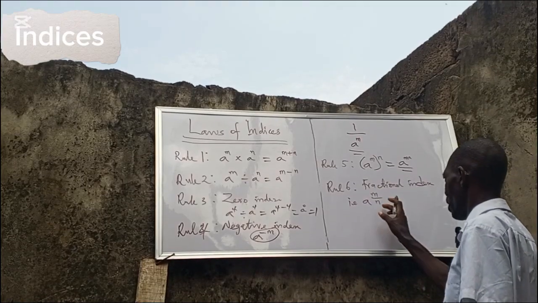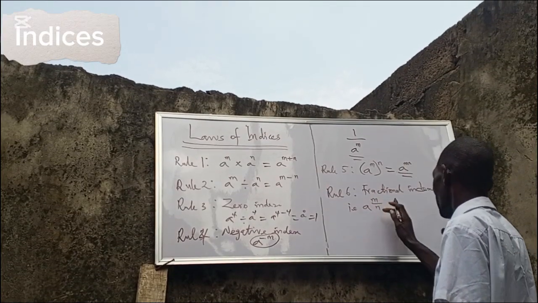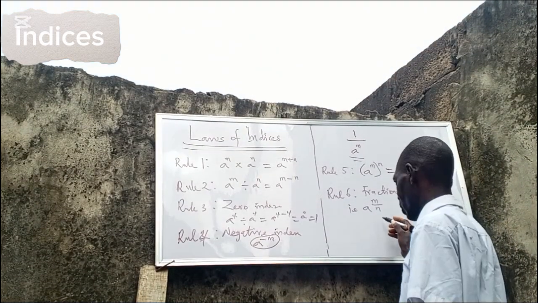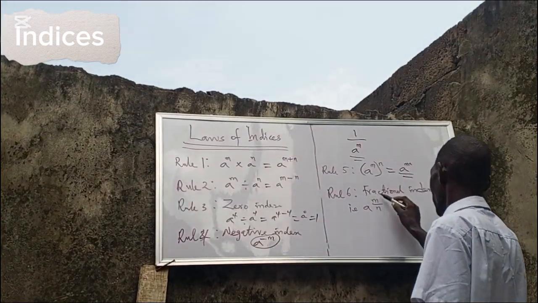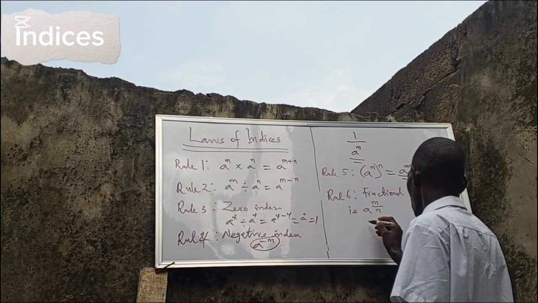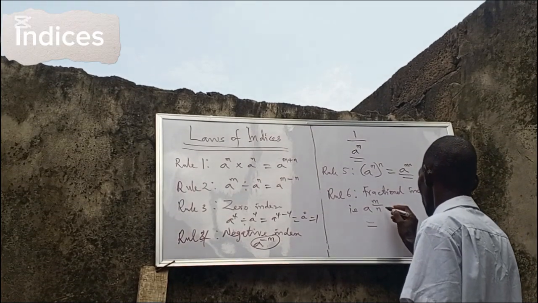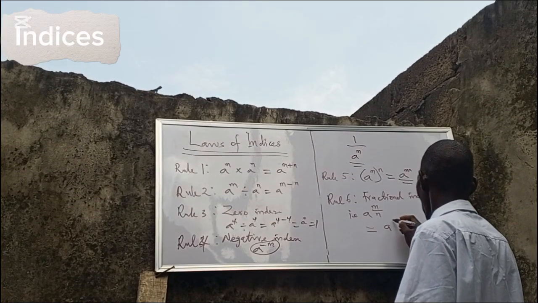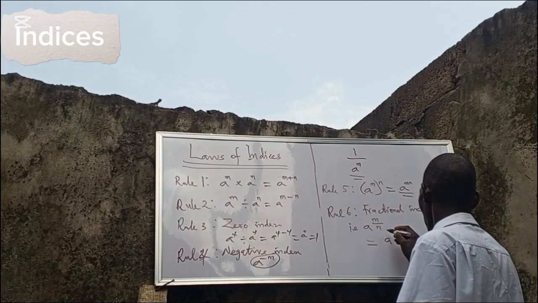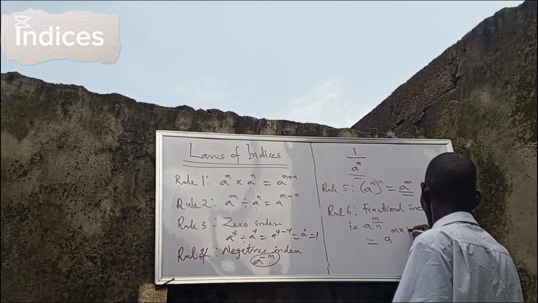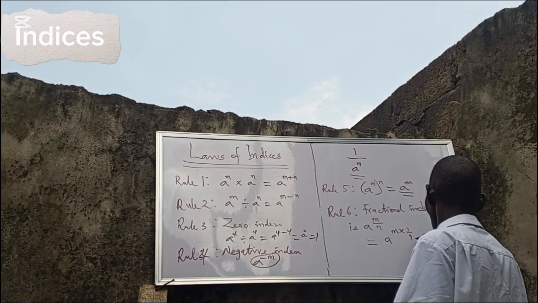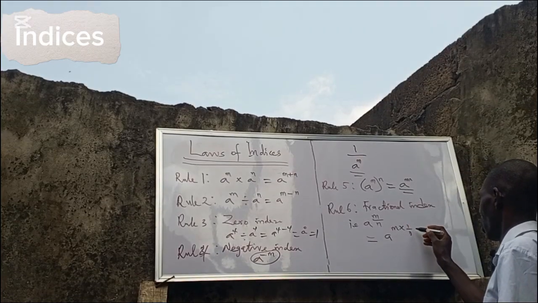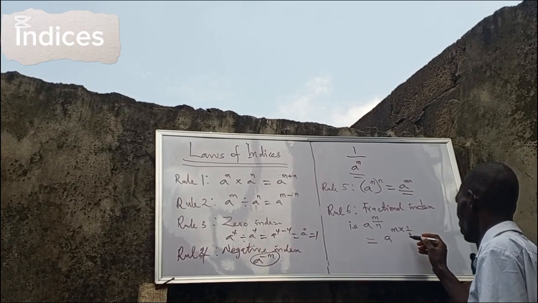Where you have a fractional index, that is, the index is fractional. This is telling us fractional index. So it's going to be equal to A to the power m times 1 over n. Okay, so this is what this one is telling us.